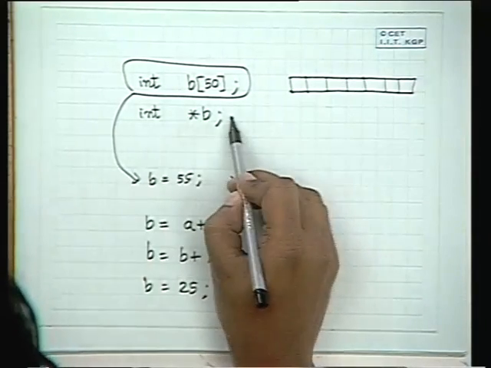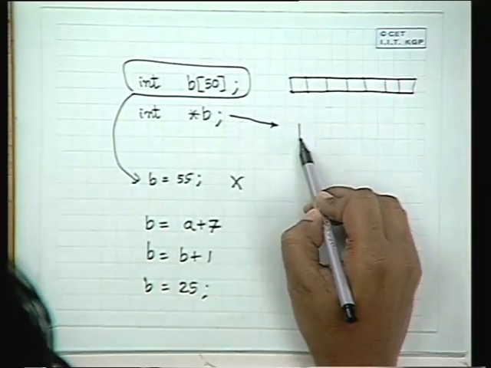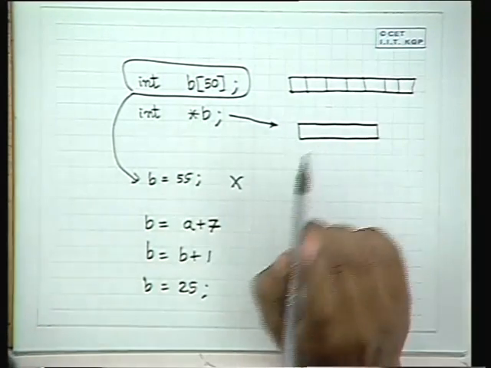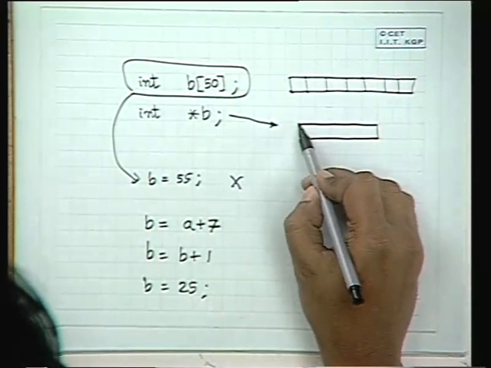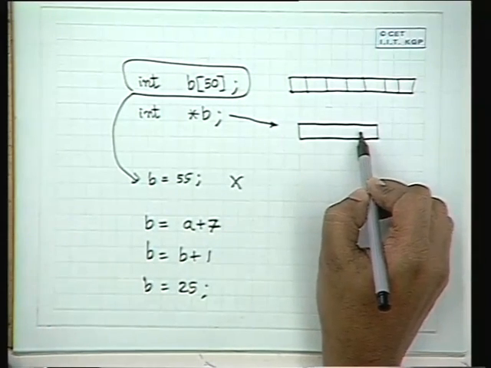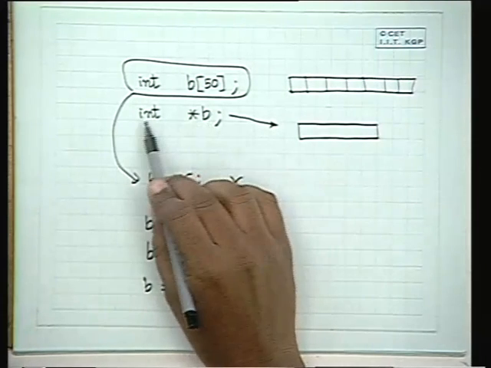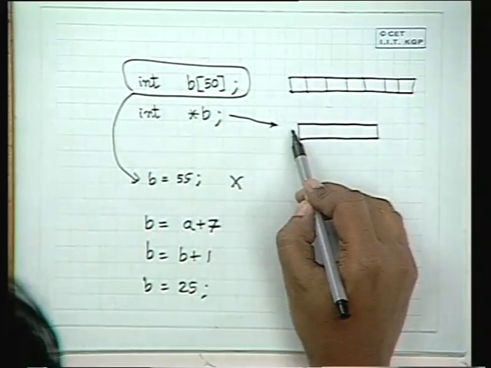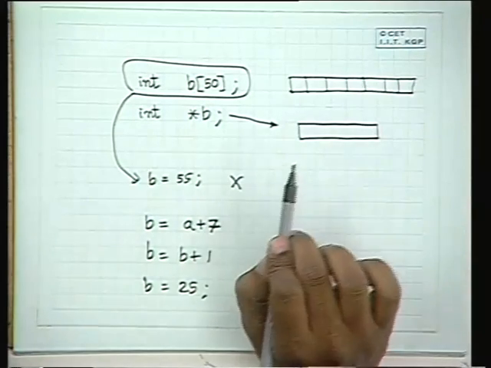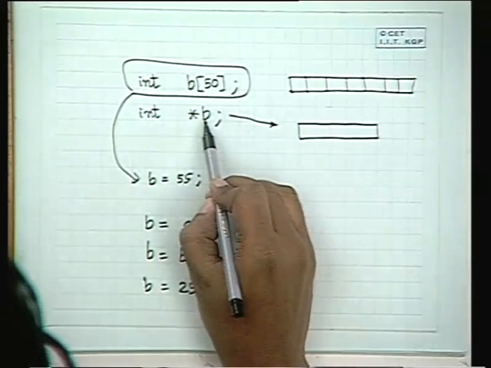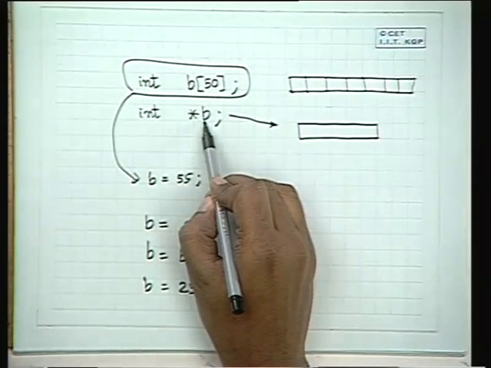When this is declared, one element of size of a pointer, that is of size whose content can be an address. So its size will be the size of a pointer to an integer. What is a pointer to an integer? It is a content of the memory location. So its size will be the content of the memory location, and only one such is allocated.